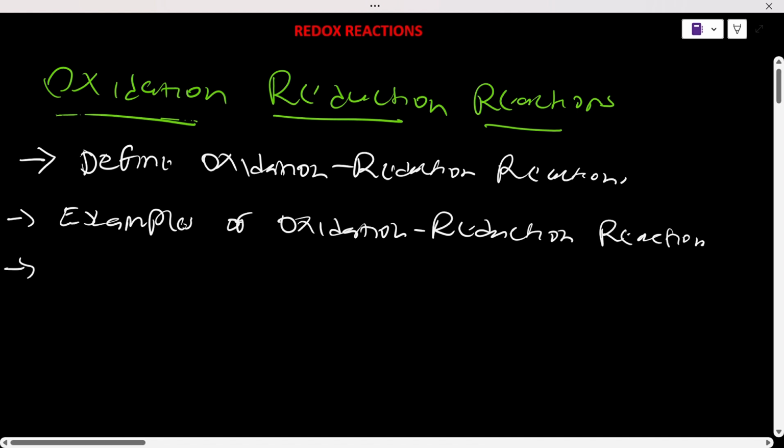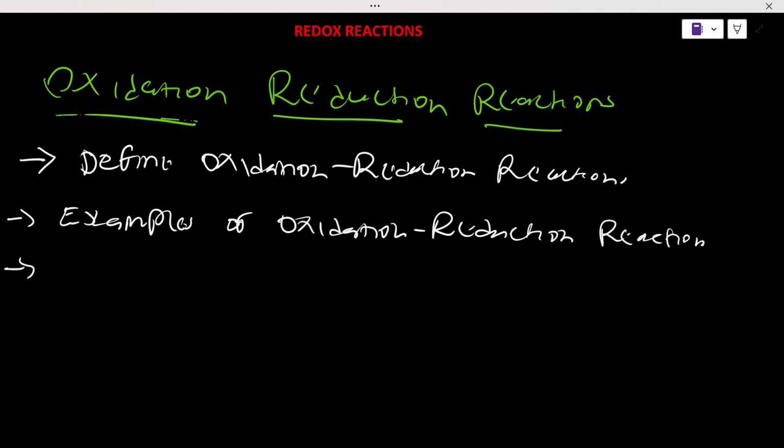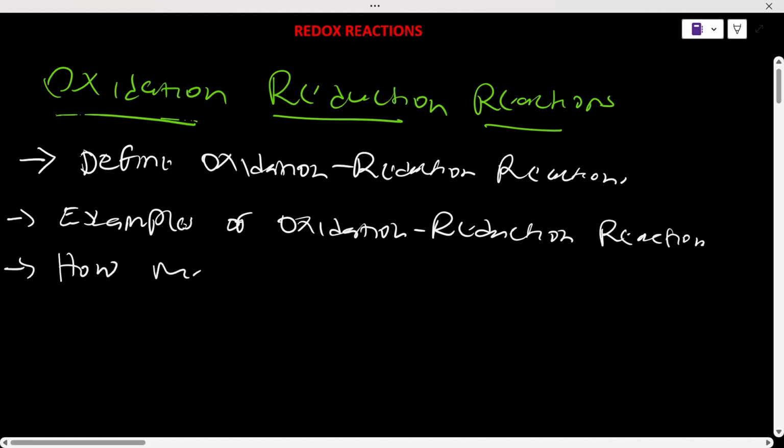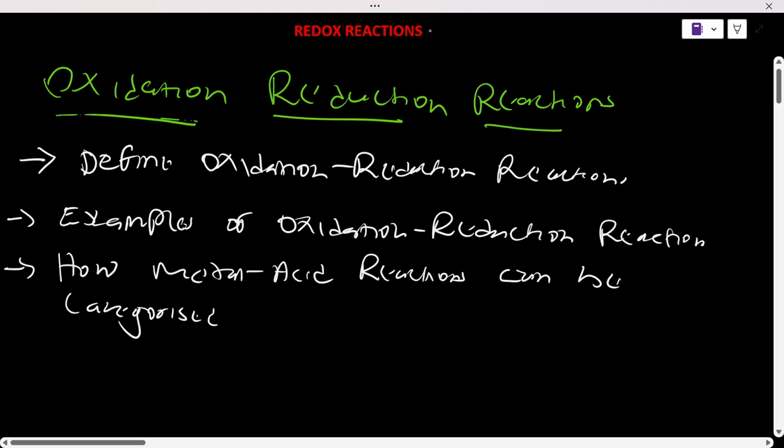And lastly, I'm going to discuss how metal acid reactions can be categorized as redox reactions. Those are the key things that I want to handle in this.